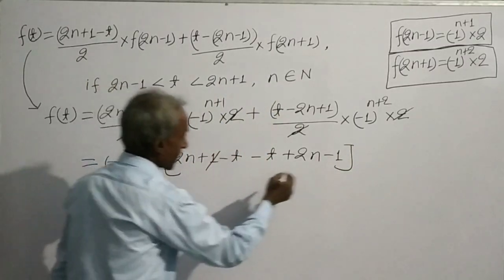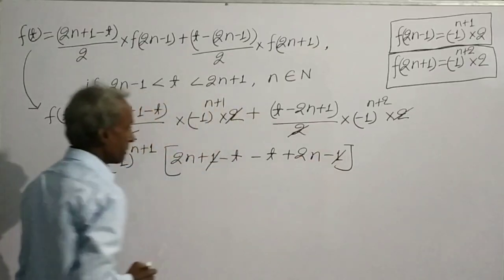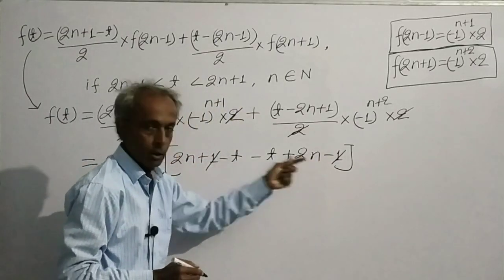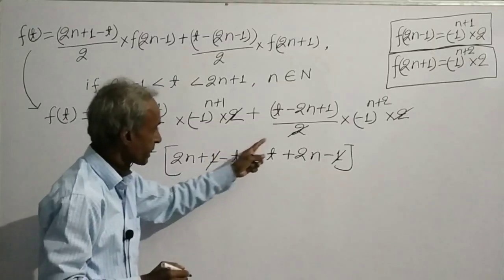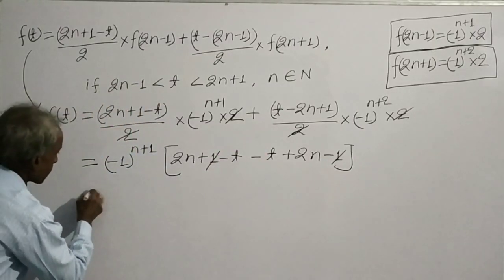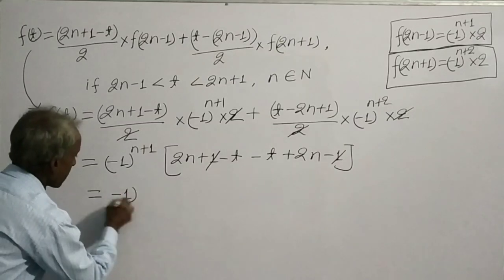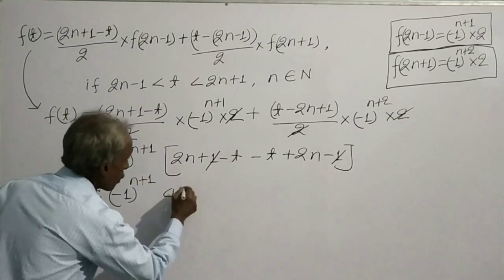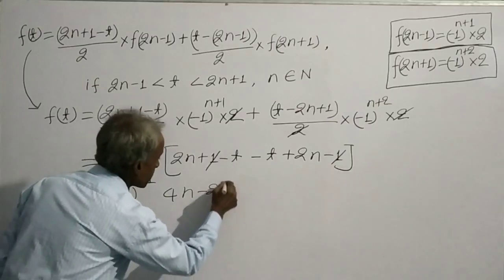This plus 1, this minus 1 will be cancelled out. 2n plus 2n will be 4n, minus t will be minus 2t. That is equal to (-1)^(n+1) times (4n-2t).